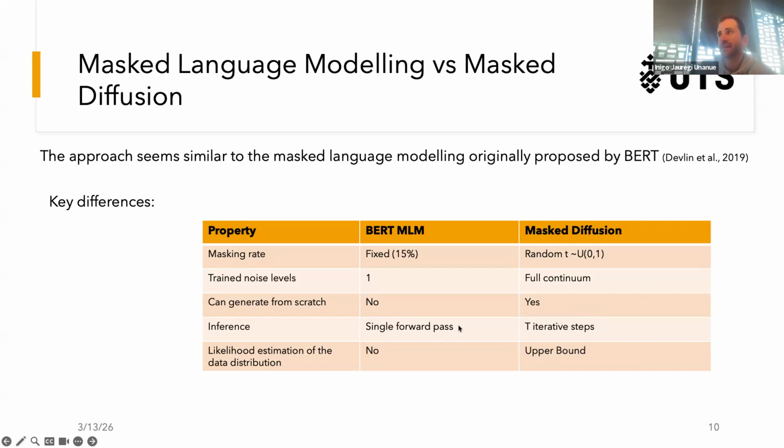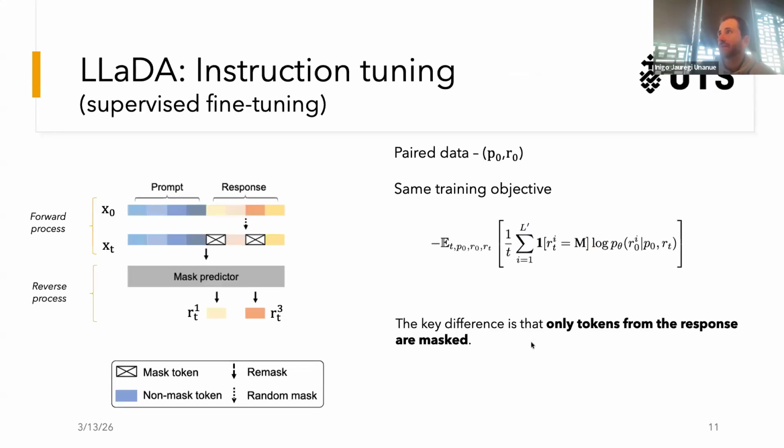BERT inference is usually a single forward pass, and diffusion is designed to have T iterative steps of prediction. The likelihood estimation loss they are using is shown to be an upper bound of the whole data distribution, while in BERT this is not the case. So those are the main differences.